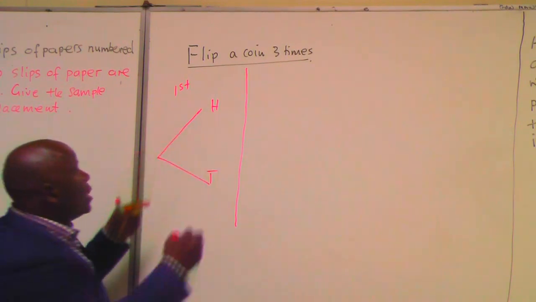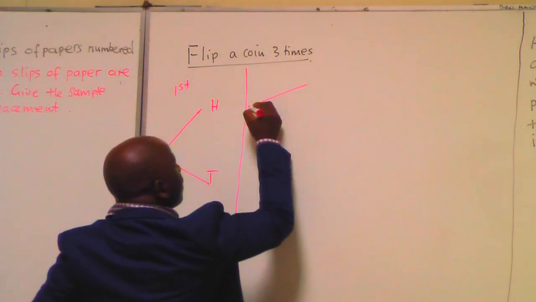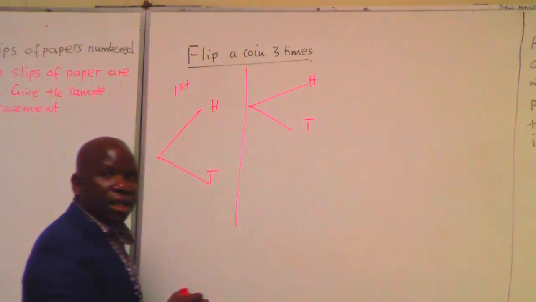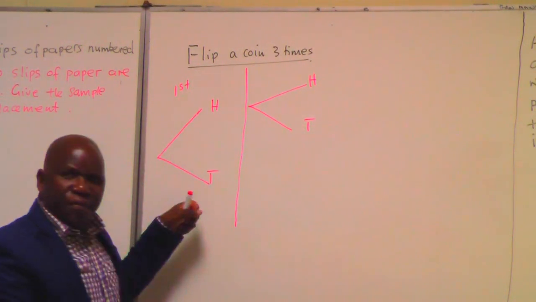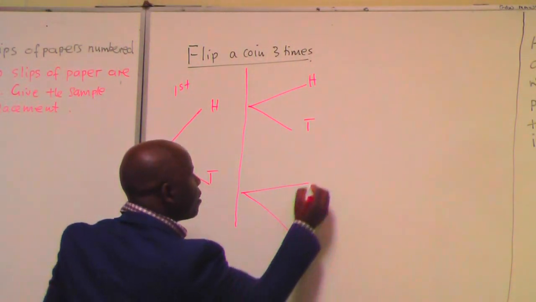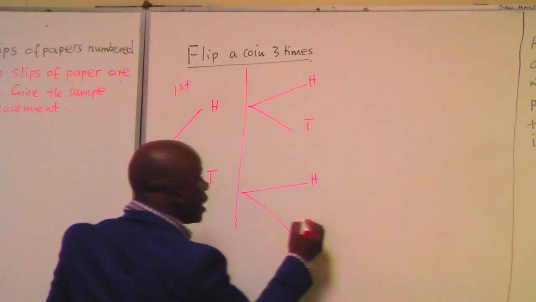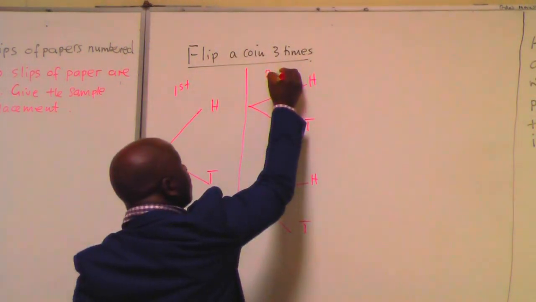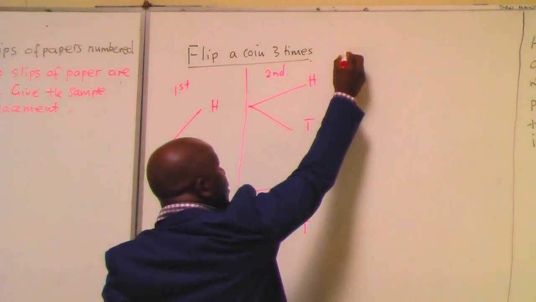If we obtain a head, we still have a chance of getting a head or a tail in the second. Assuming that in the first flip we obtain a tail, we can still obtain a head or a tail in the second. So this is the second trial, the second flip.